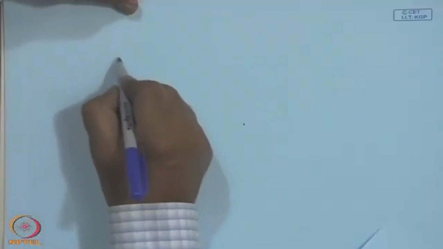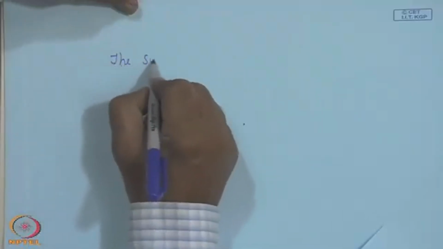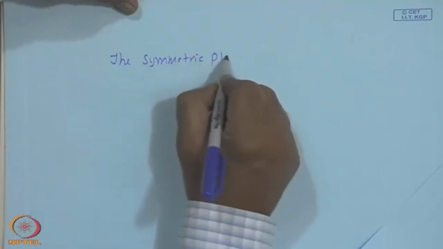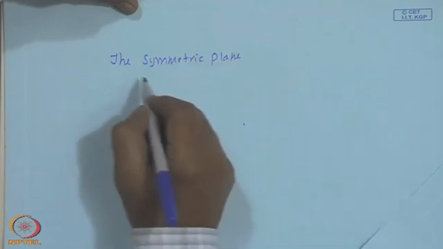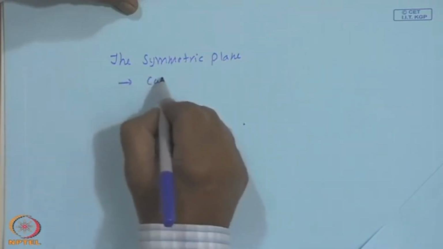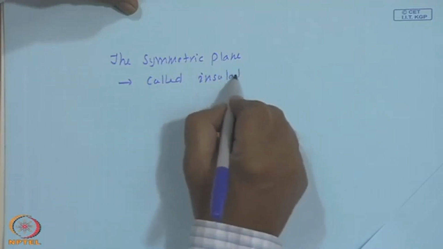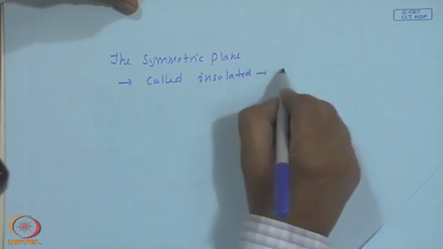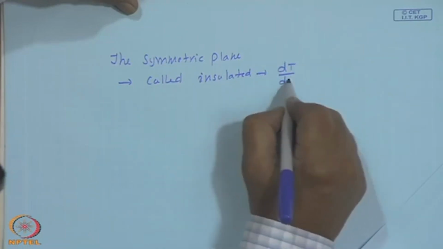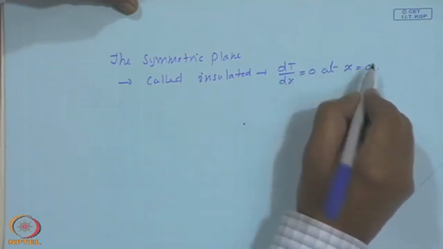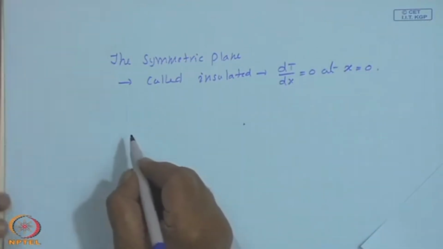Now, if we take this repetitive element, because of symmetry, the plane is also called insulated, since dT by dx is equal to 0 at x equal to 0 of the previous picture.